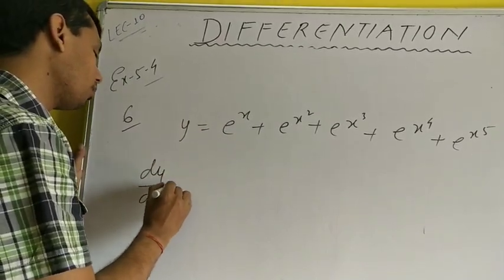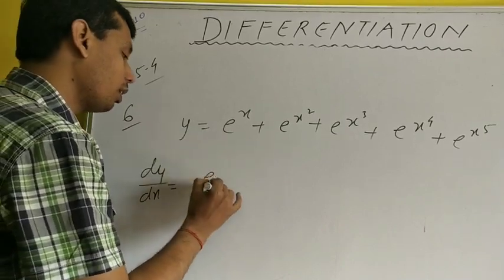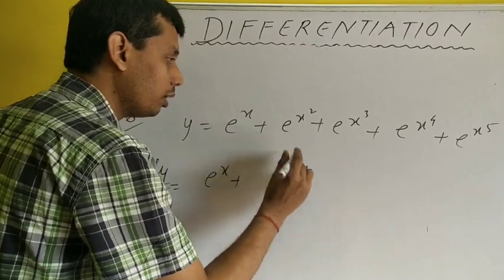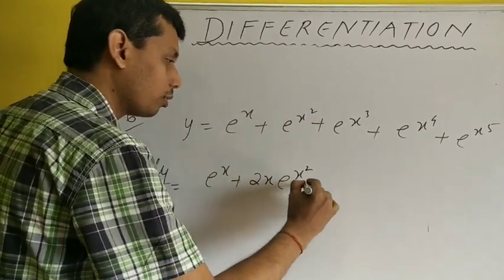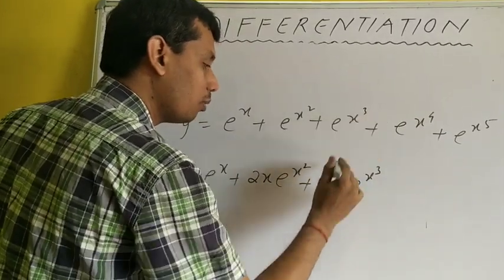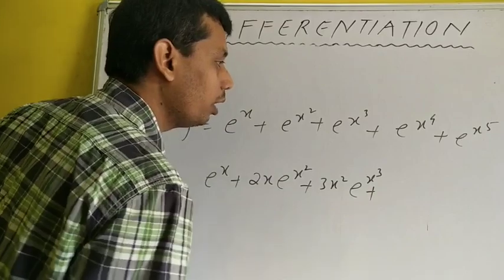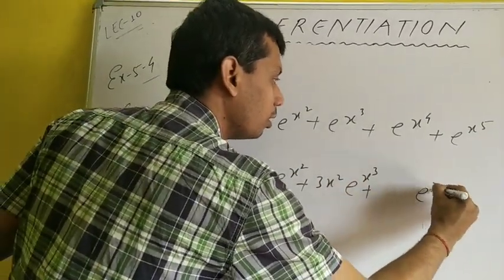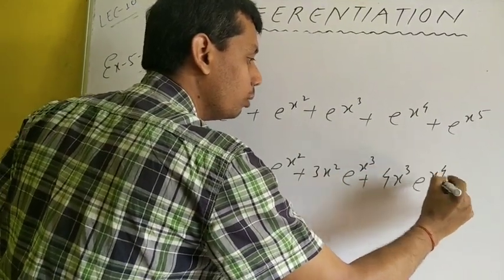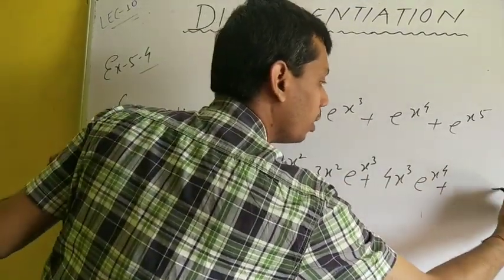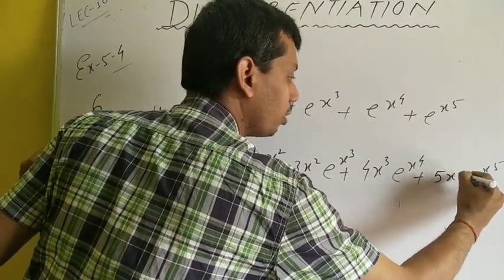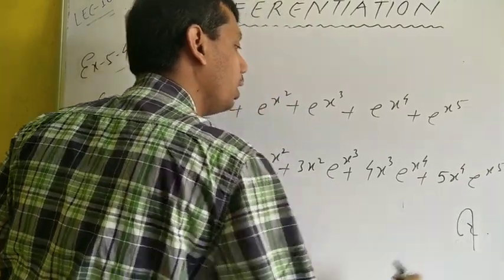Now dy by dx is equal to differentiation of e to the power x, e to the power x, and differentiation of x square, 2x. Then differentiation of e to the power x cube, e to the power x cube, and differentiation of x cube, 3x square. Then e to the power x to the power 4, and differentiation of x to the power 4, 4x cube, plus e to the power x to the power 5, and differentiation of x to the power 5, 5x to the power 4, which is the required answer.